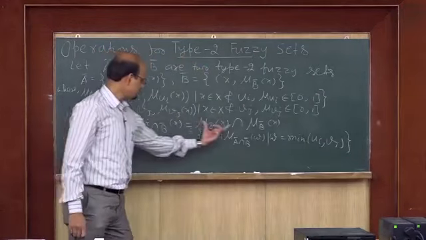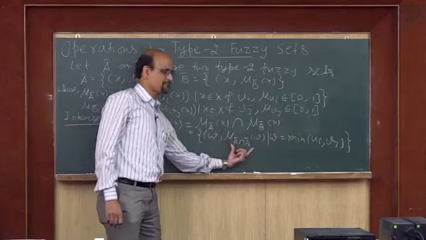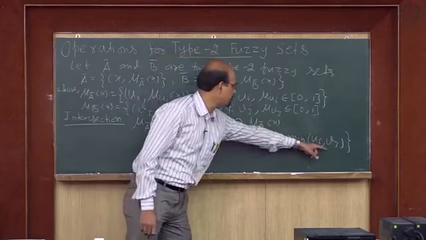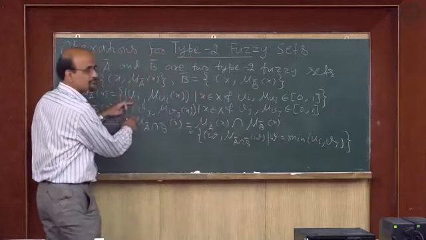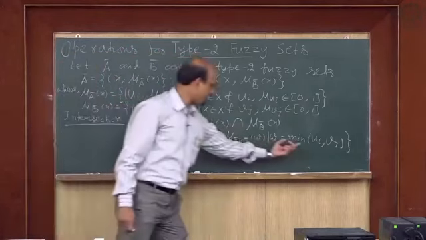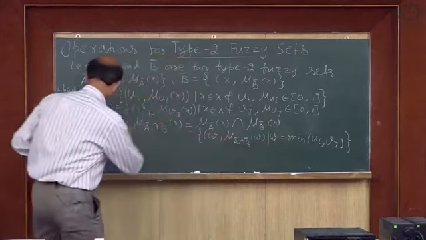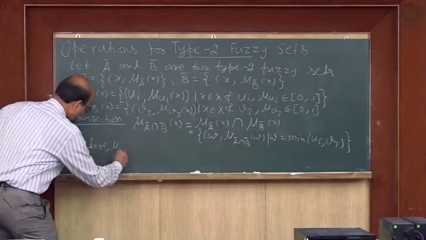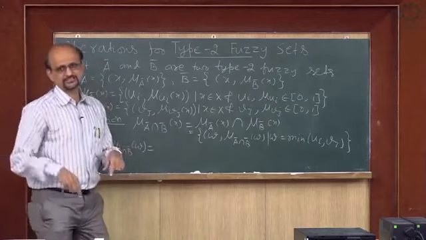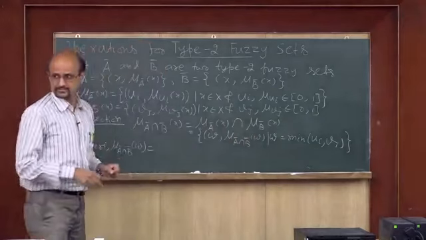Now what is this w? I very simply wrote the intersection as one element w and its membership function, but I have to find what this is, and w is actually the minimum of ui and vj. I will take an example, then it will be more clear. So, what is the minimum of that? That is w. Now we will use the extension principle here, the supremum we used in the extension principle.